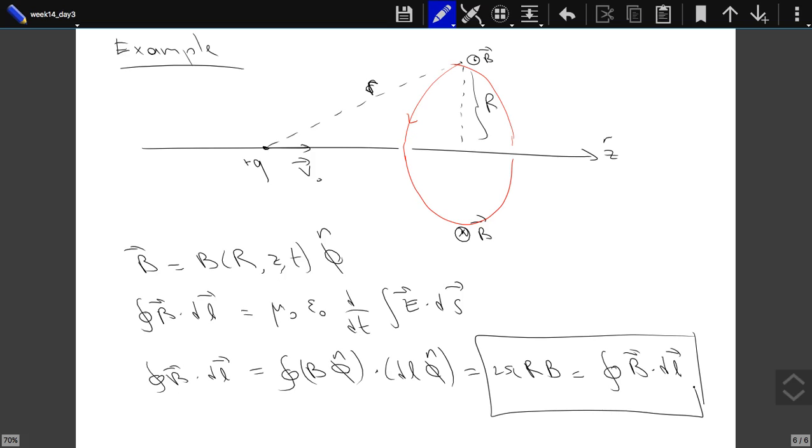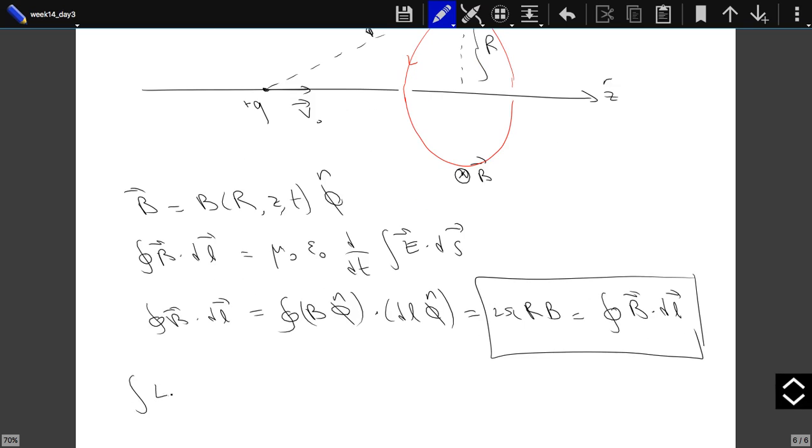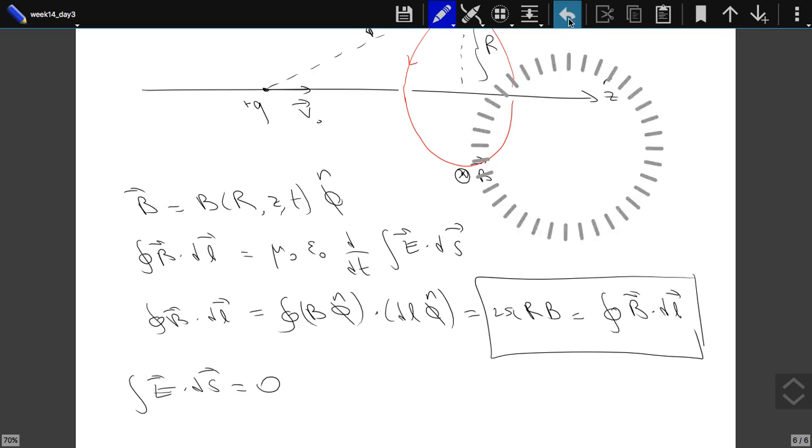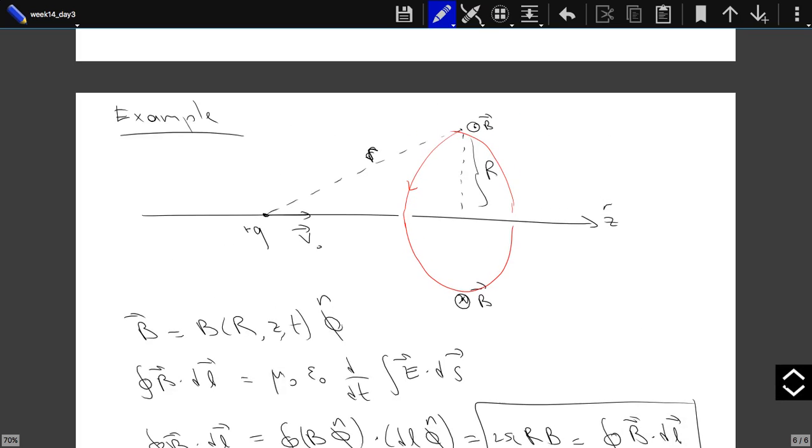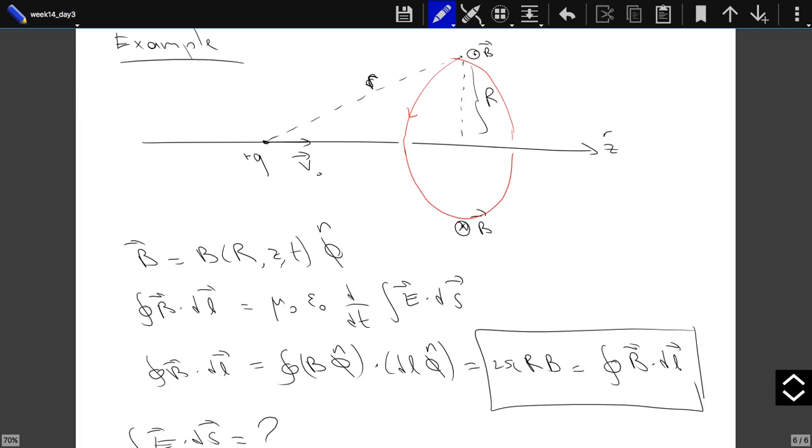Well, kind of the difficult part will be how to calculate the E. The integral of E. Well, we have this freedom of choosing the surface. The only constraint we have is that the boundary of the surface we have to evaluate the electric flux should be this red loop.